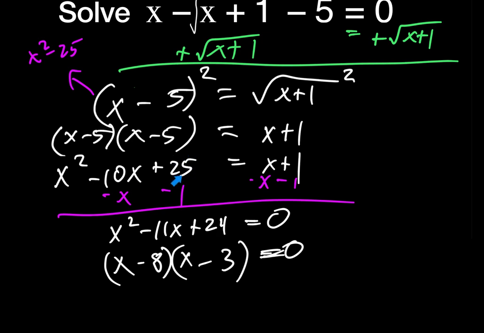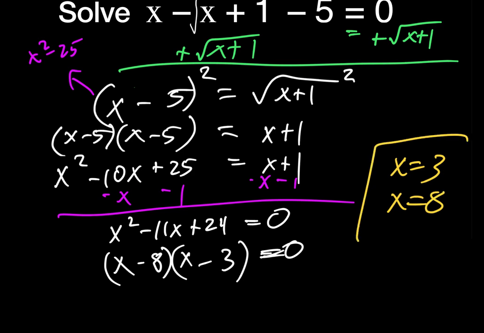If the last term is positive, then these are either both positive or both negative. The middle number tells you which. They're both negative. Then finally, x equals 3, x equals 8, because 8 will make that 0, 3 will make that 0.